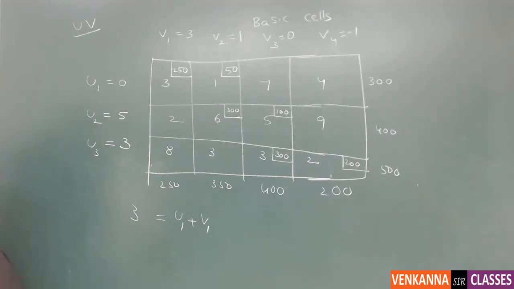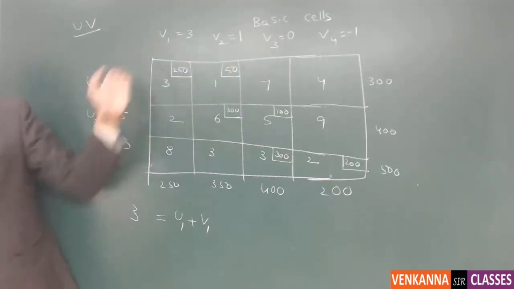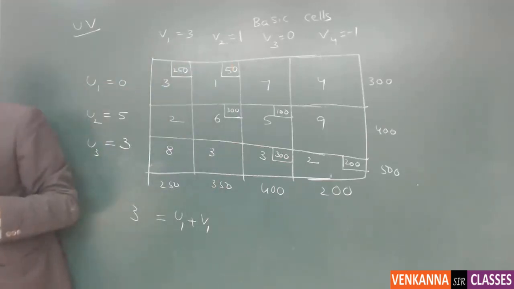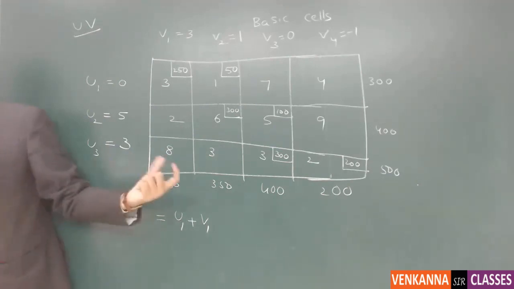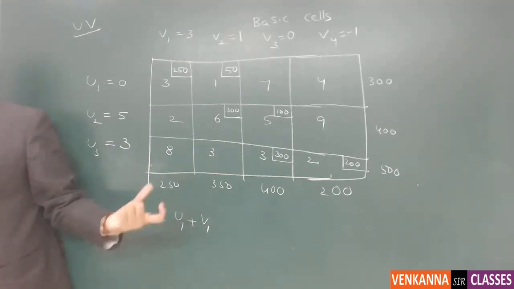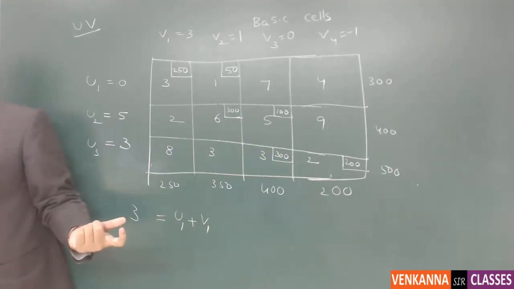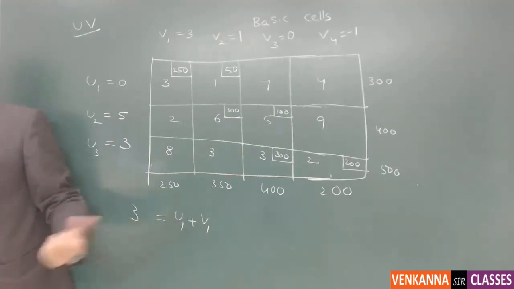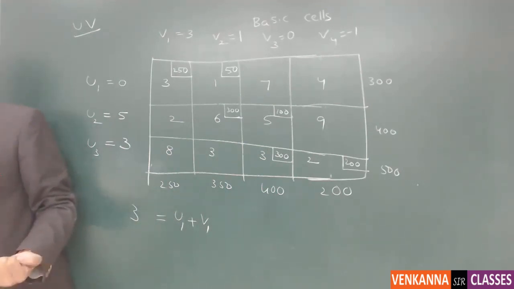Right. So is everyone comfortable with the things I have done here? Because it is a little tedious procedure to calculate. You should have good observation as well as calculation.